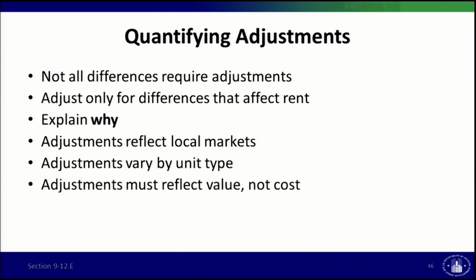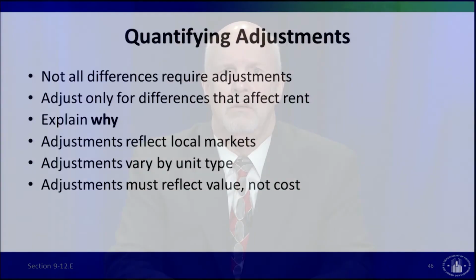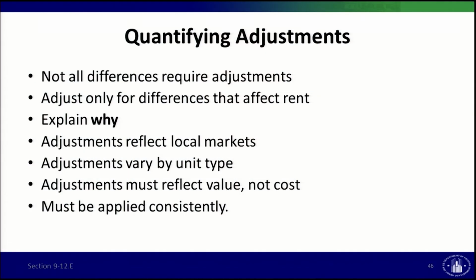You must also make adjustments to reflect the value, not the cost of the difference. You should consider the value to the tenant rather than the cost of installing an elevator or a swimming pool. You must be consistent in making adjustments. For example, if a difference requires a $10 positive adjustment, then any negative adjustment should be real close to $10.